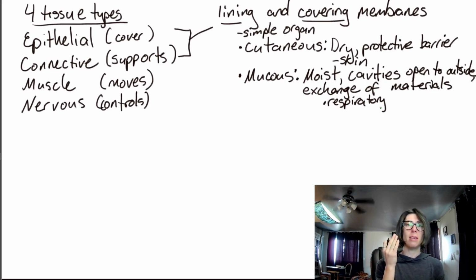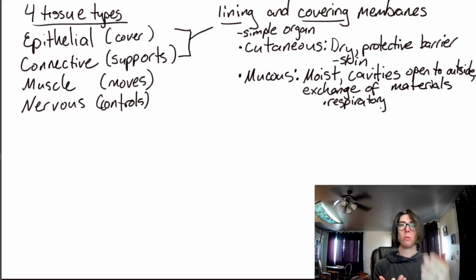And that thinness is important because you're exchanging material through the membrane, so it has to be really thin to allow oxygen to move in through the membrane and carbon dioxide to move out through that membrane. And the moisture helps keep its structure intact, so it doesn't dry out and break. There are also antimicrobial functions in that moist mucous membrane to protect your respiratory system.